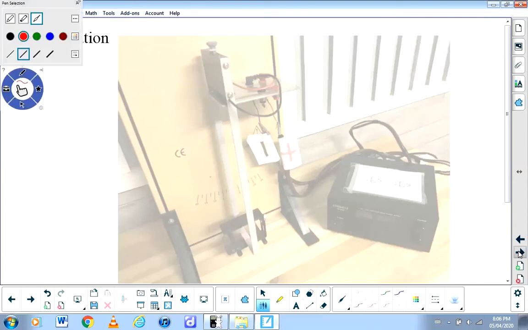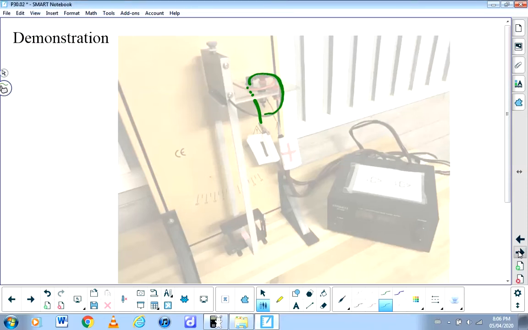I think what I'll do is trace out the flow of electrons. Electrons are negative, and they will be repelled from the negative terminal of the battery. So they are going to follow this path, and they will get to here. It's hard for me to show you without hand motions, but what we've got there is a U-shaped piece of metal.